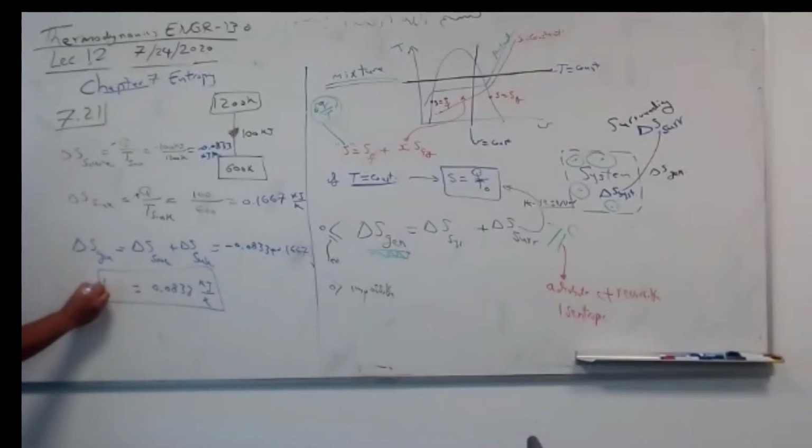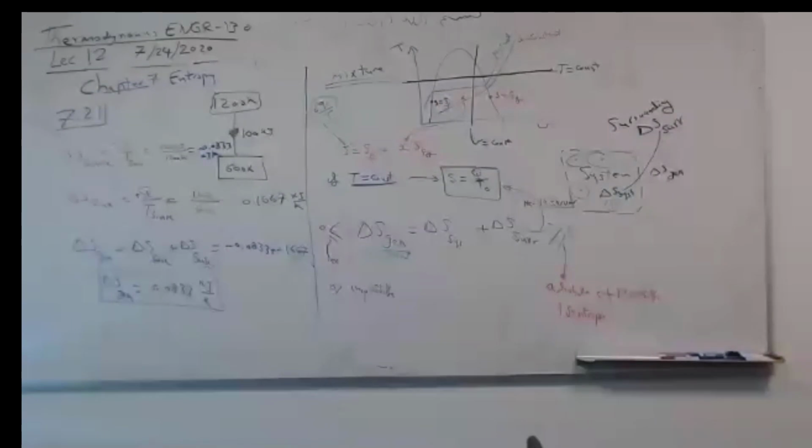Does this make sense, guys? Yeah, of course it makes sense. Why? Because heat goes from the hotter body to the cooler body, from high temperature to low temperature. Do you remember the cup of coffee example?